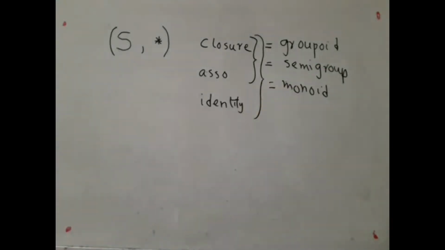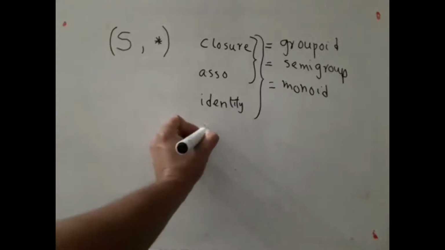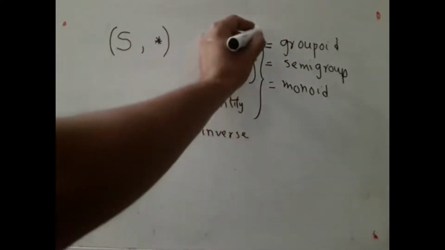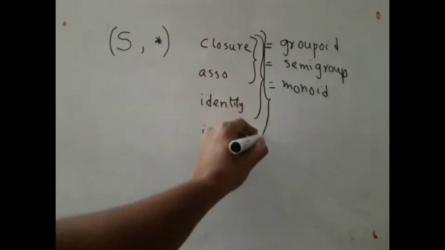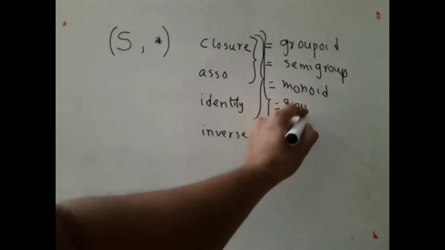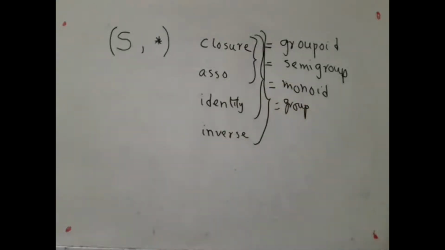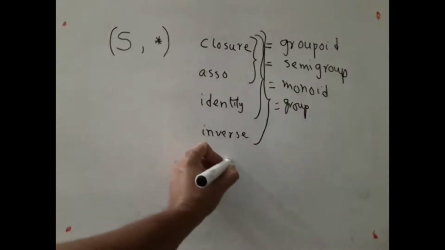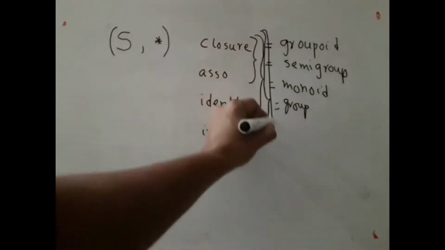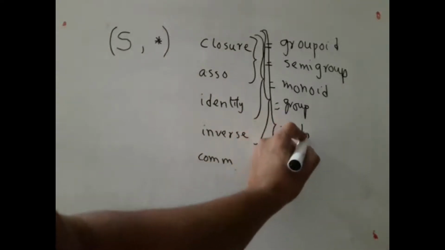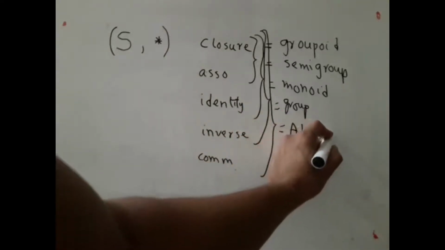If on top of that we also have existence of inverse for all the entries, then we have a group. If on top of that we also have commutativity, then we have what is called an Abelian group or a commutative group.